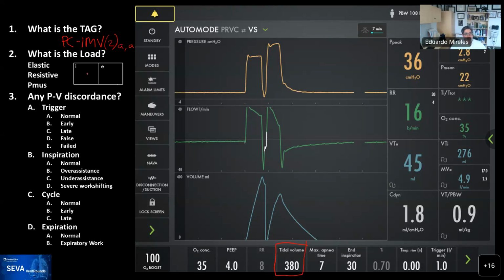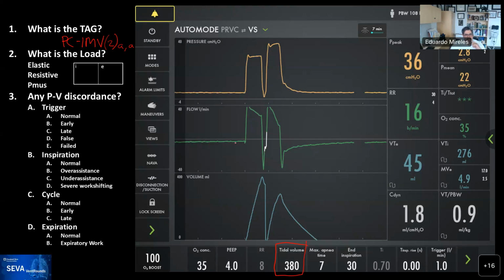In terms of the load, this is a fantastic waveform. It's as high quality as it gets to read the physiology. So when you start seeing the waveform here, for pressure, you will see that there is absolutely no evidence of change. And the flow looks pretty flat also, but if you notice, it's below the baseline.